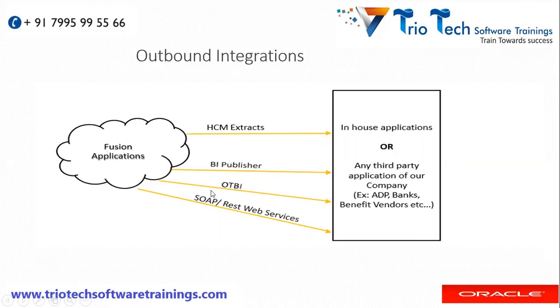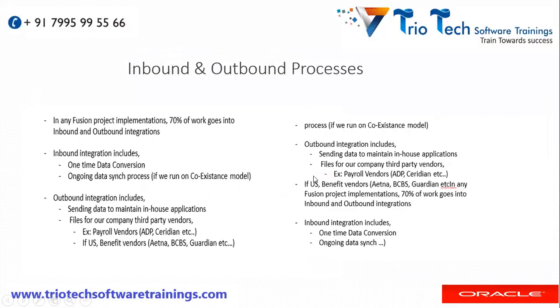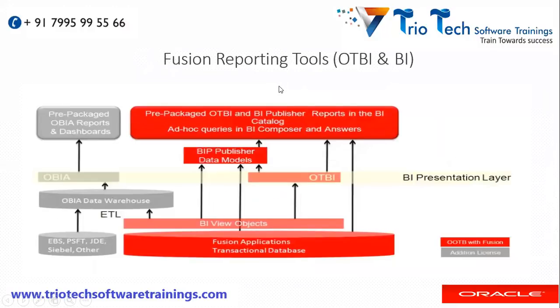When I talk about an outbound source, it means the report can be created and run at a particular time, and any third party application can access the data from this report to fetch it into their own system. So this is how the BI reporting tool is used by an organization.